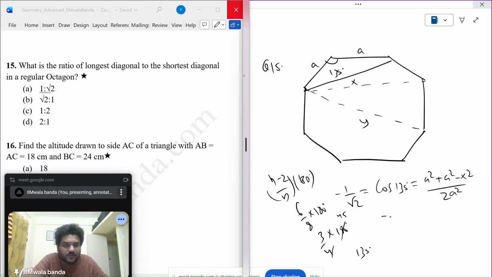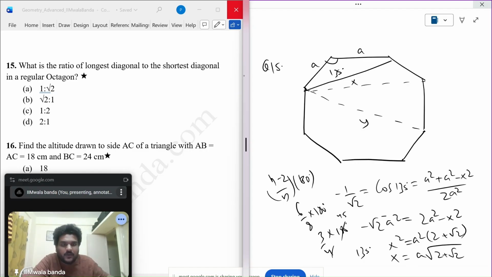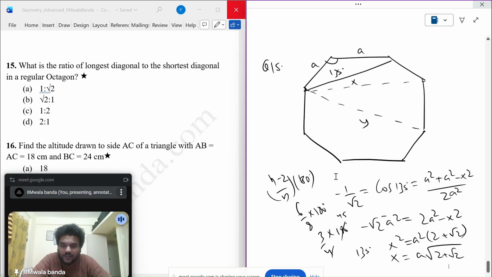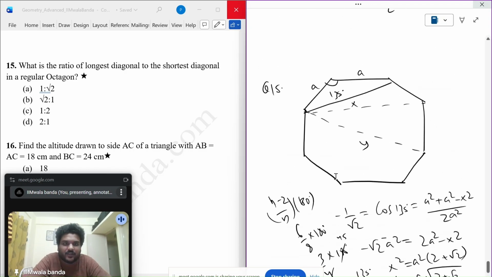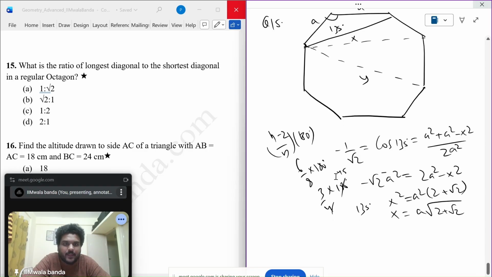So 2A square minus X square is equal to root 2A square with a negative sign, or A square into 2 plus root 2 is the X square. Right, so you got X as A times root of 2 plus root 2. So now we have got the shortest diagonal.